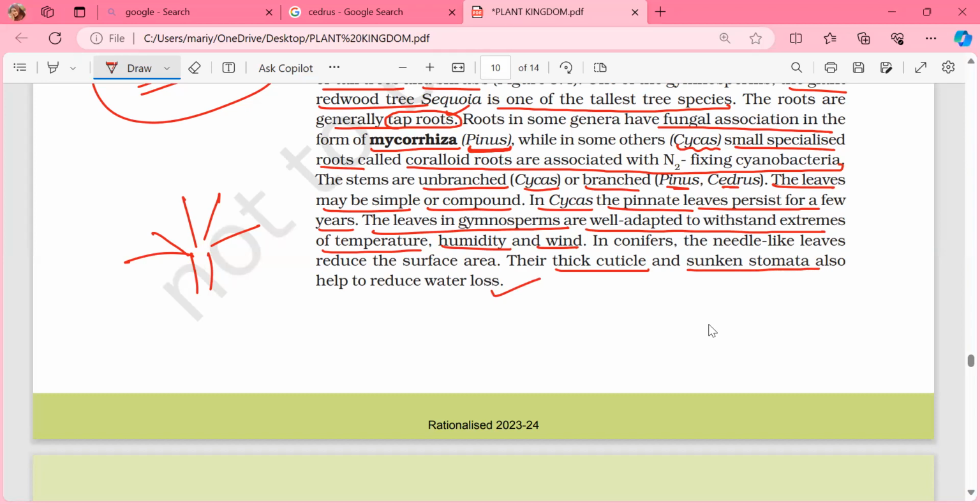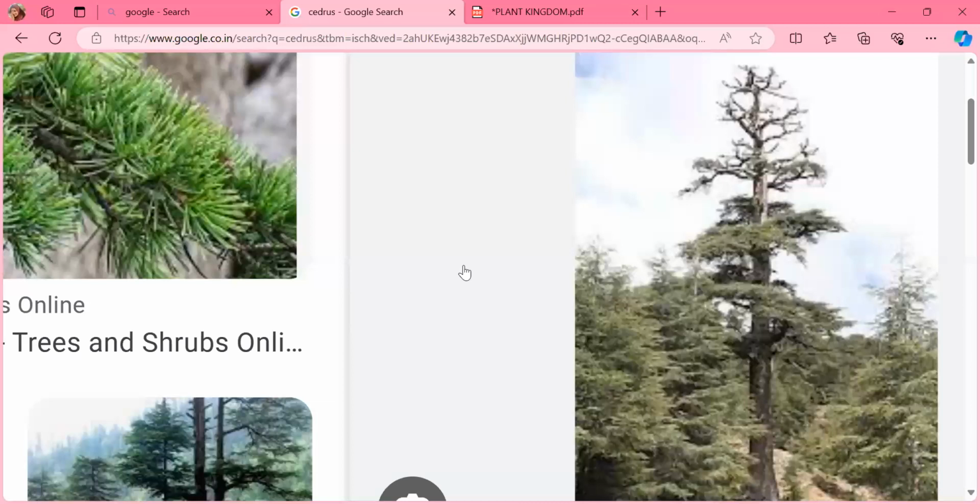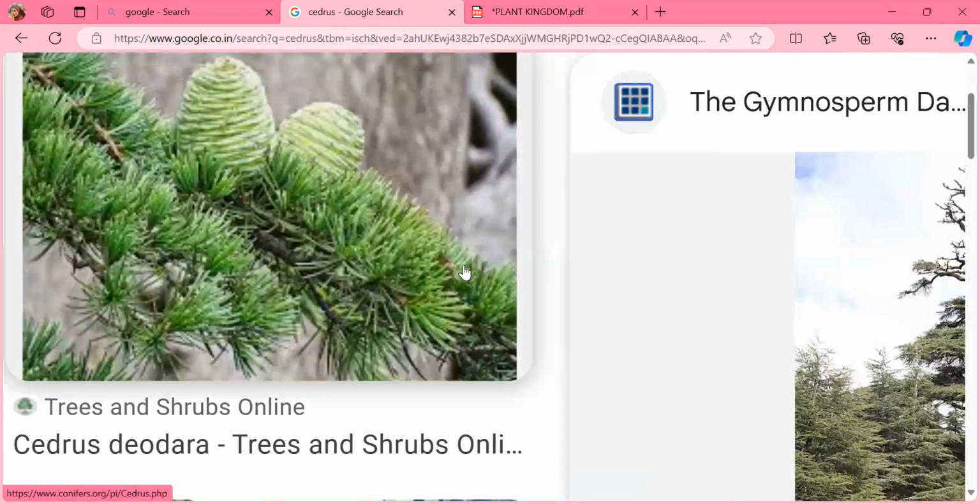Okay, so the leaves in the gymnosperms are very much adapted so that they can withstand any of the harsh conditions, whether it is high temperature, high humidity, or high wind. So what are the adaptations that they have? They have thick cuticles. Now see, in all of the plants that we are seeing, are you seeing a normal leaf like this?